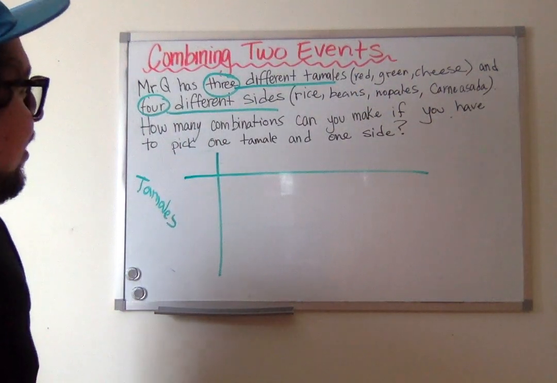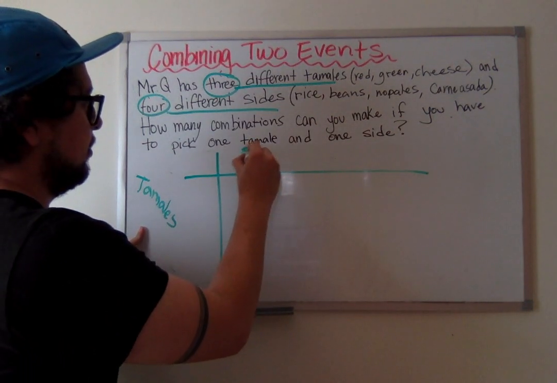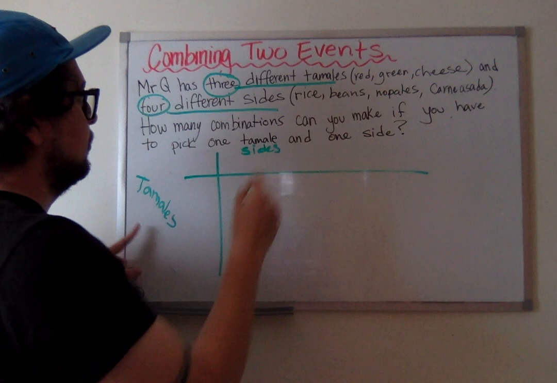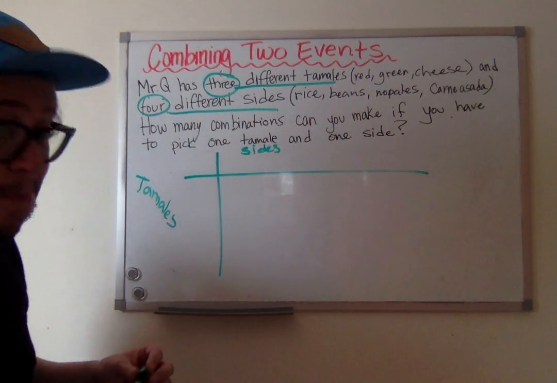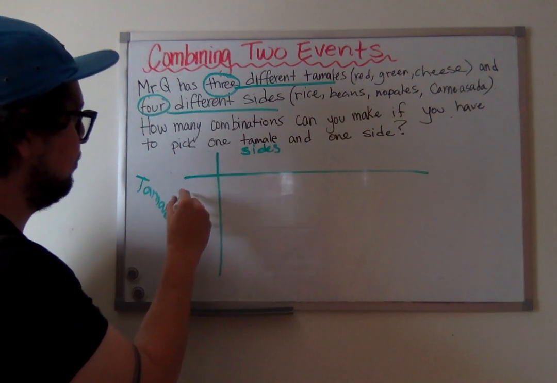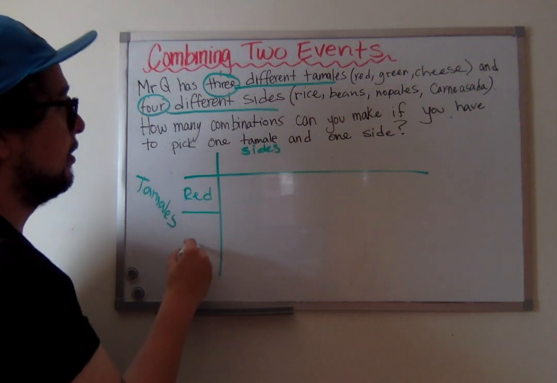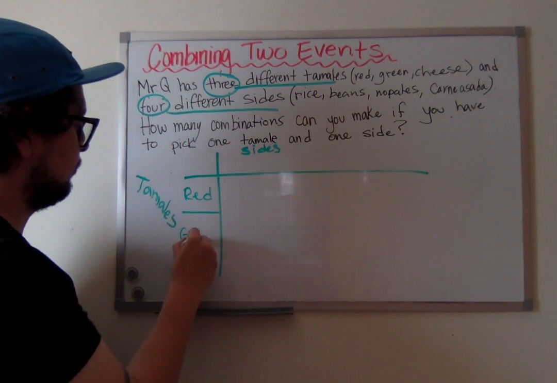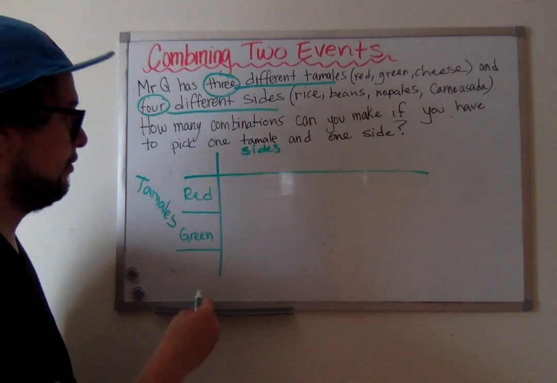Amazing. Okay. So over here I'm going to put the tamales, and over here I'm going to put the sides. So I know that I can combine my tamales with my sides, and I have three tamales: red, I can get green, and finally I could also get cheese.